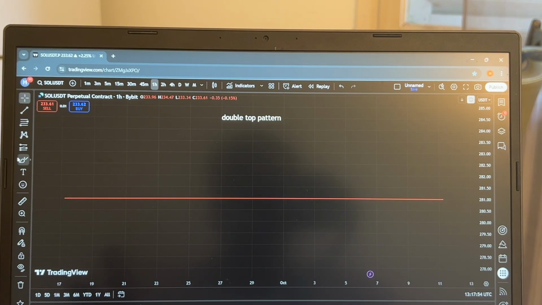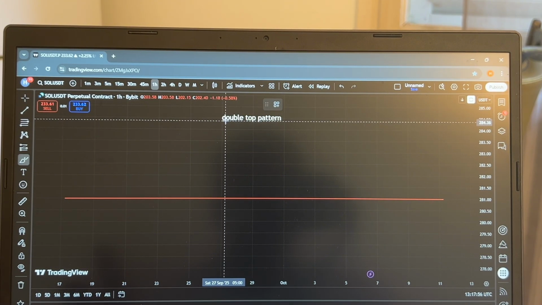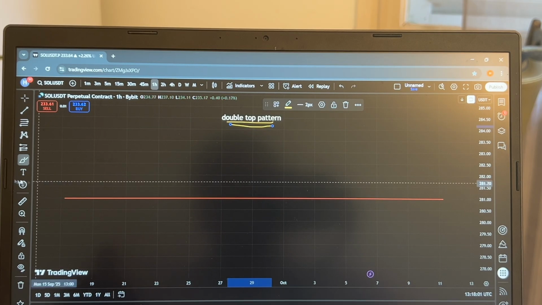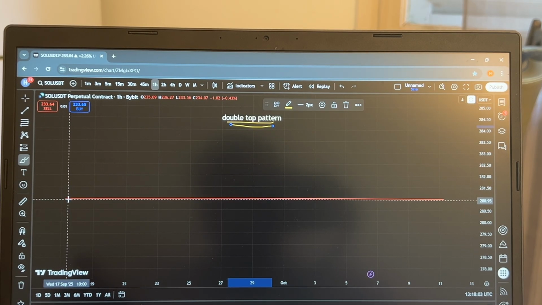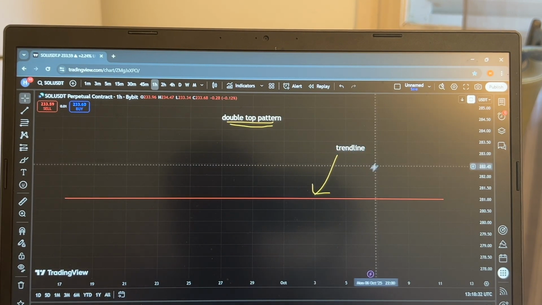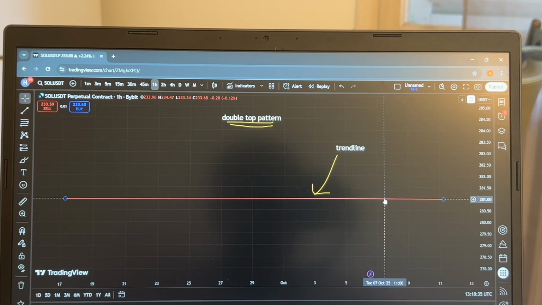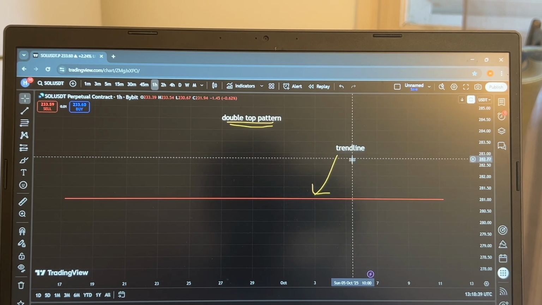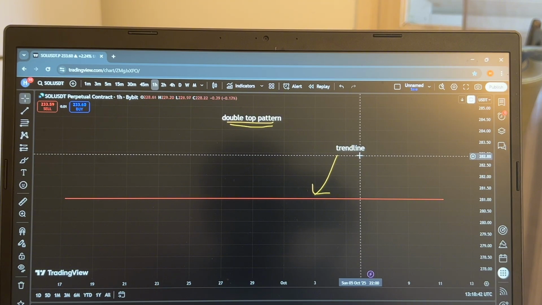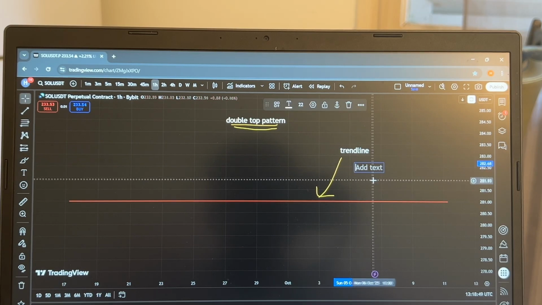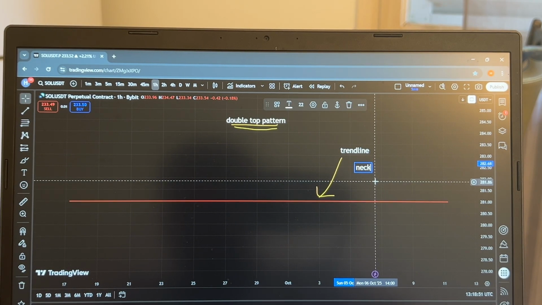So first off, we'll be talking about the double top pattern. And before everything, I'll explain what this red line is. This is going to be the main trend line, and always remember that this trend line can also be known as the neckline.